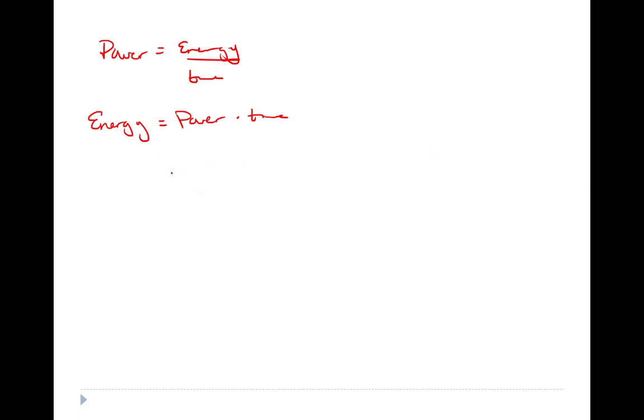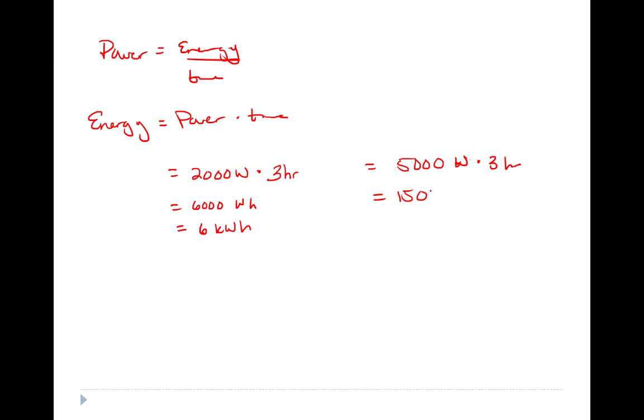I have two possible energies, one for 2,000 watts being operated for 3 hours, which is, I don't need to do a unit conversion there. 2,000 watts for 3 hours is 6,000 watt hours, or 6 kilowatt hours, or it could equal 5,000 watts multiplied by 3 hours, which is 15,000 watt hours, or 15 kilowatt hours.